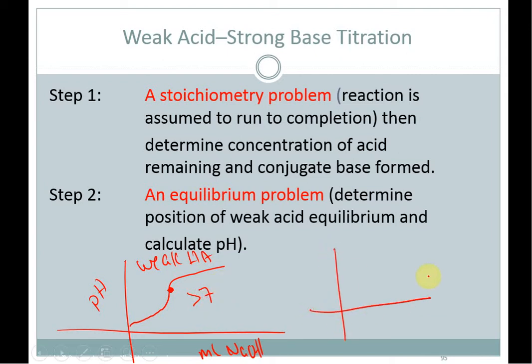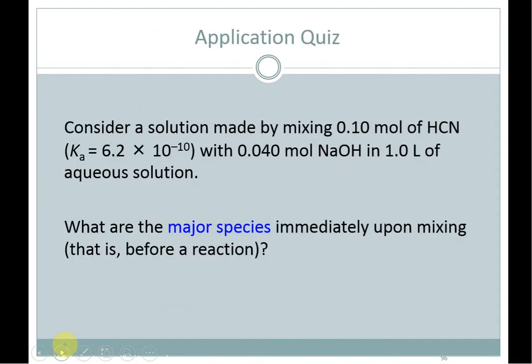For a weak base, adding in a strong acid, same thing, you're going to get a dramatic increase only once you've completely reacted that. So here the equivalence point, the pH is going to be less than 7, because you have a weak base, which means some of it is still going to be in that base form. You're not going to have completely all of it there to react.